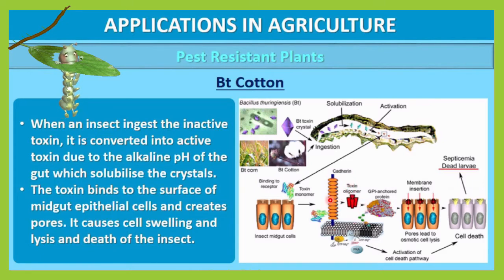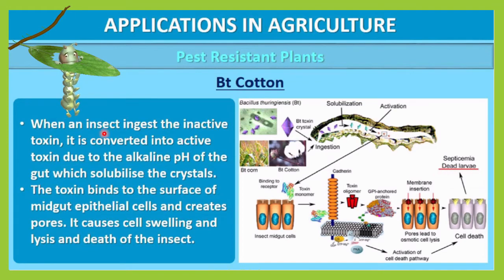Okay, they will react with the cells, insert inside the membrane, and afterward they will generate pores, and this pore formation leads to osmotic cell lysis. Okay, as a result the cell will be lysed, and due to that cell lysis, the cell will die. Or septicemia may occur and the larva or insect will die now.